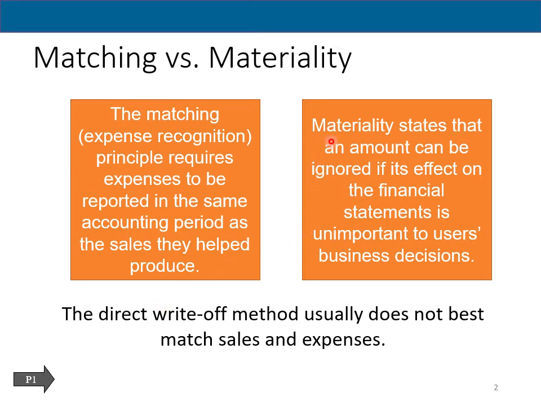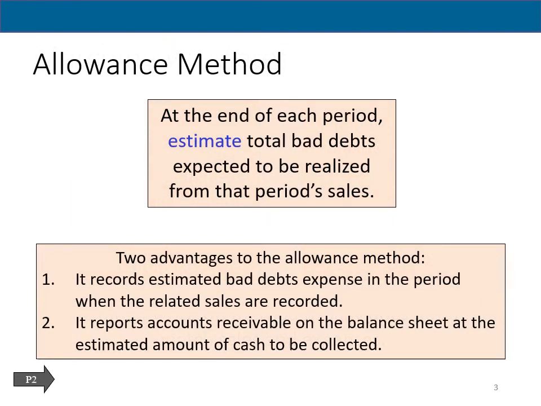All right, and the materiality really just deals with how big receivables are relative to the rest of the financial statements. All right, so GAAP mandates what we refer to as an allowance method.